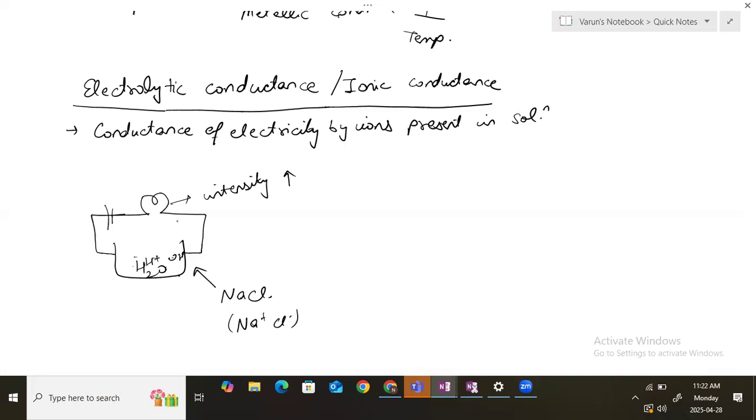Getting? So basically the electrolytic conductance depends on the nature of the electrolyte, like water I have added over here. If it is a weak electrolyte, then the conductance will be low.